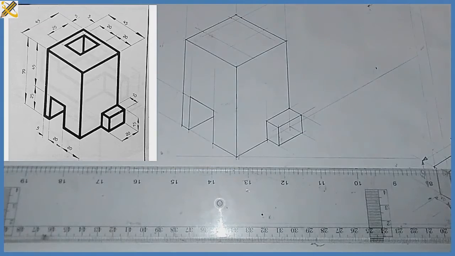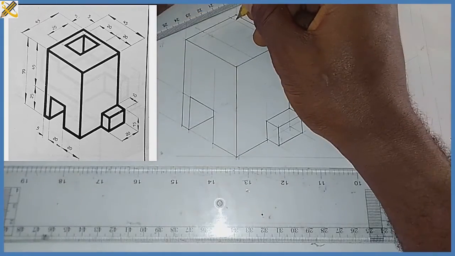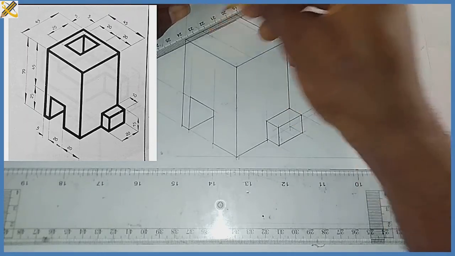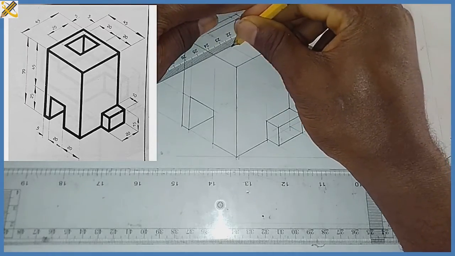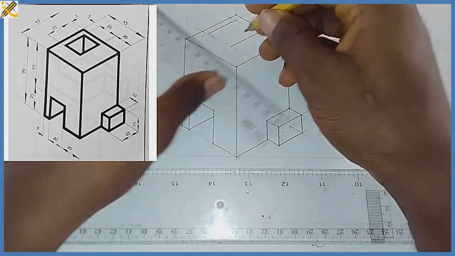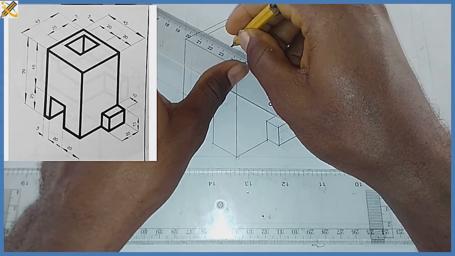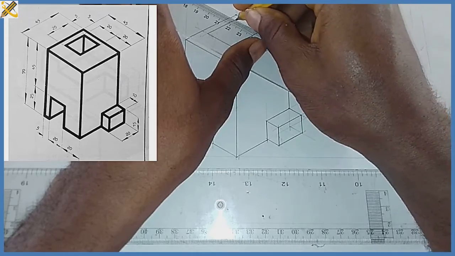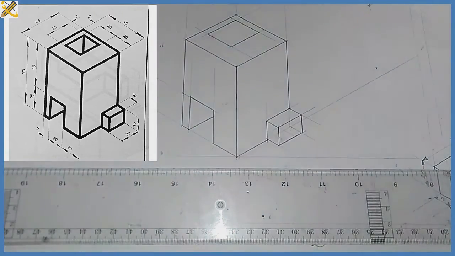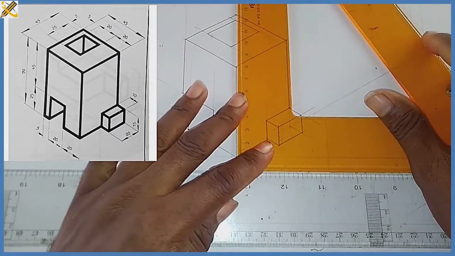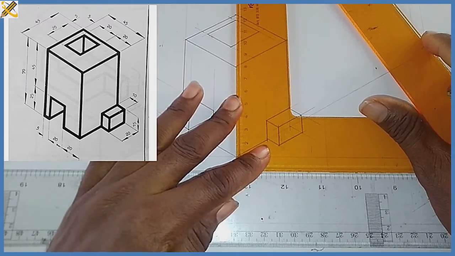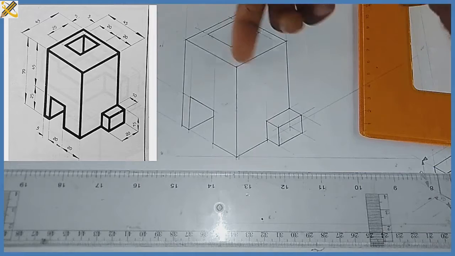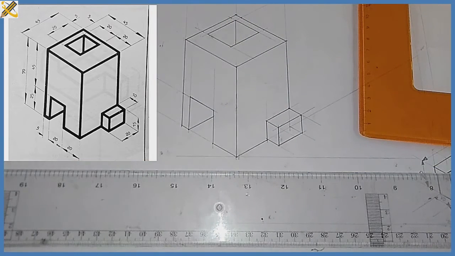Okay, so having it in that manner, I'm going to pick my ruler. All right, my ruler, I'm going to come right here and draw, right here and draw. Then from that junction, we draw this also, to indicate that this area is hollow, there is a hole inside.